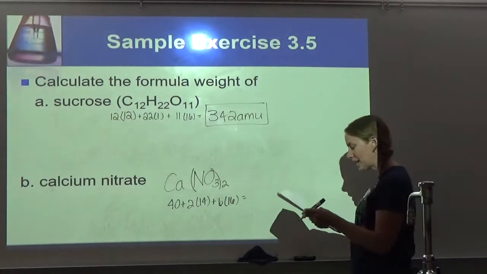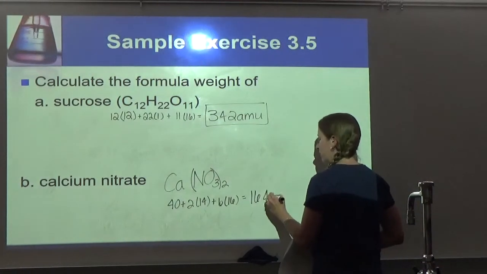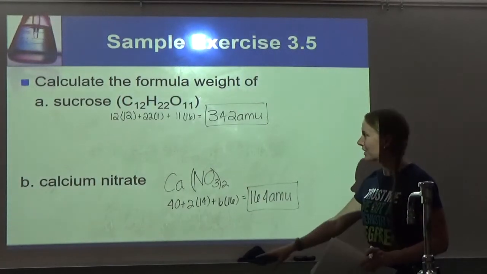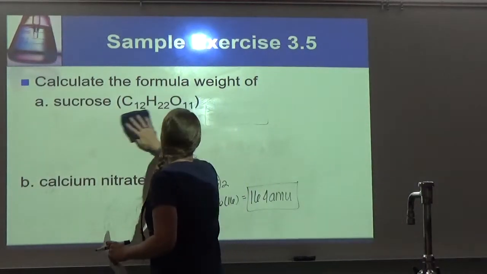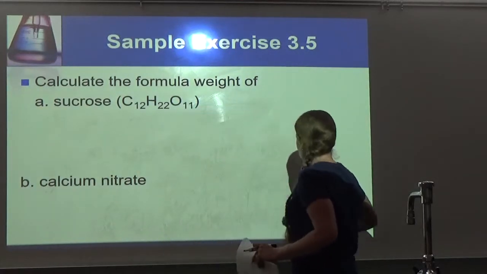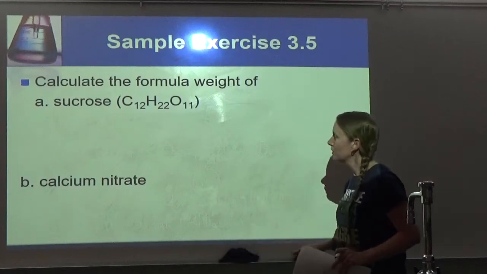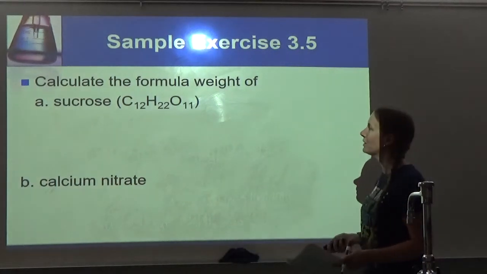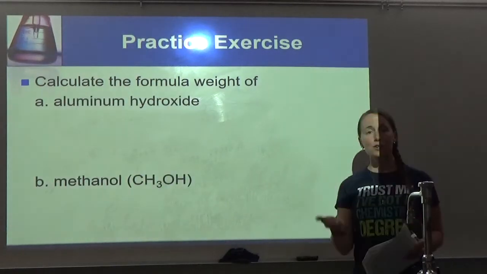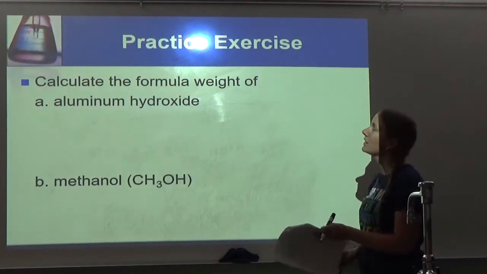And so once I do that, I get 164 AMU. Just like that. All right? So hopefully, formula weight, molar mass, whatever you want to call it, is not baffling you. Gosh, what's baffling me is how hard it is to clean my board right this second. All right, so you try the next couple, and then we'll look at them together.